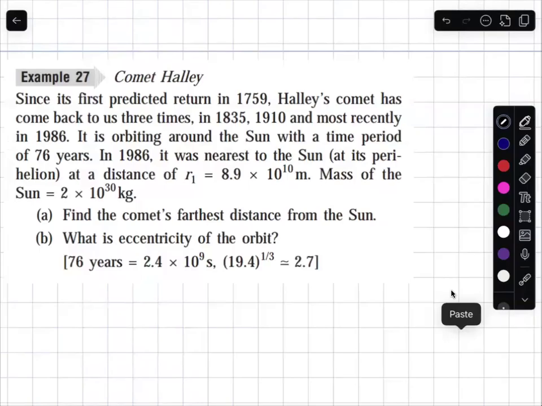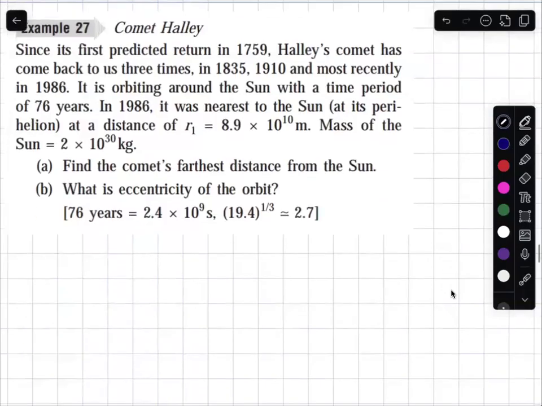Basically it is moving in an elliptical orbit. Very clear. Now, can you please help me in rewriting the data properly? What is R1 according to him? R1 is 8.9 into 10 to the power of 10 meters.